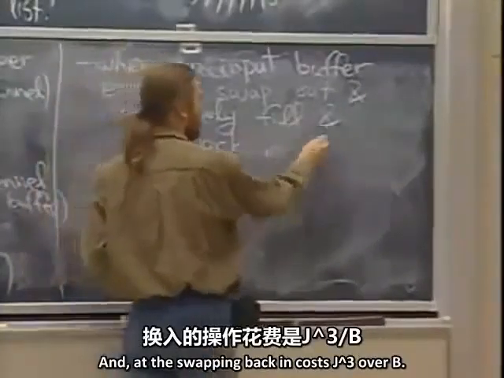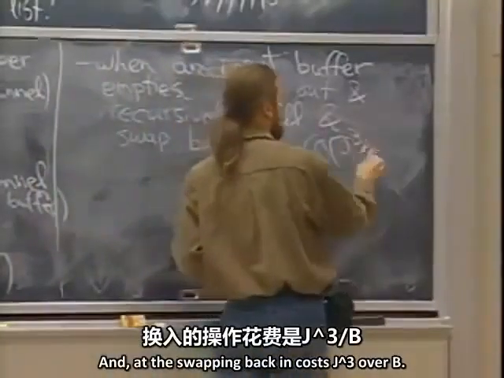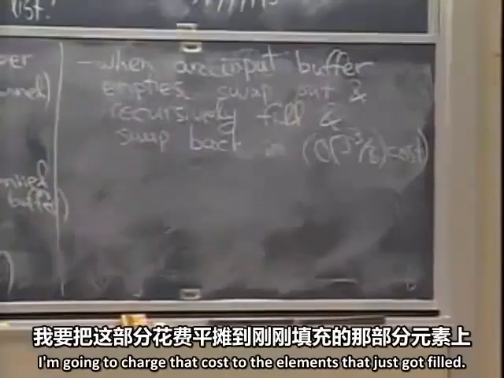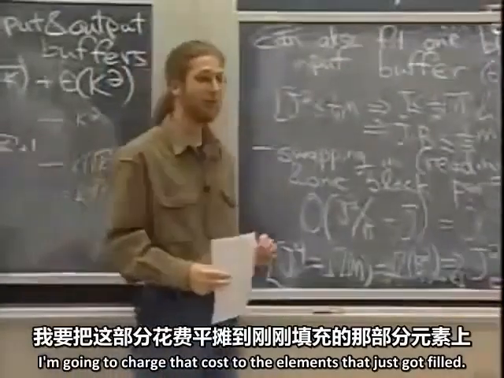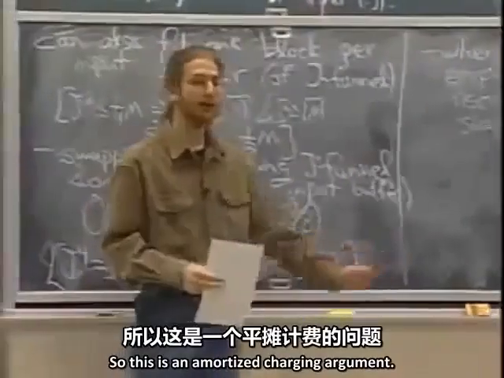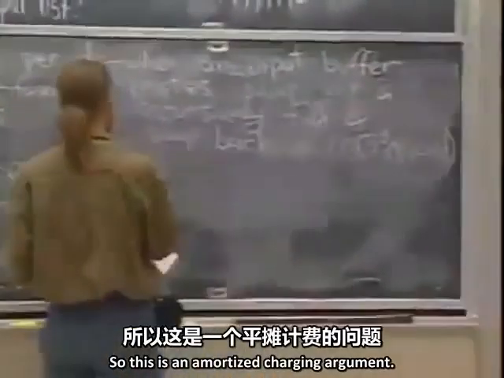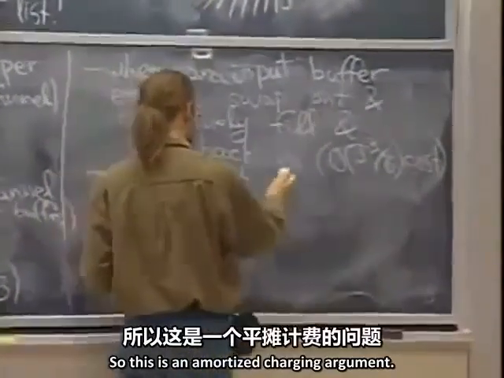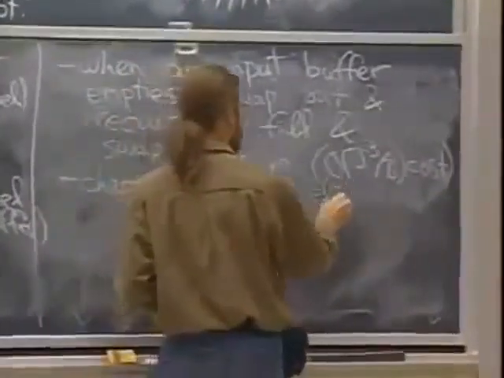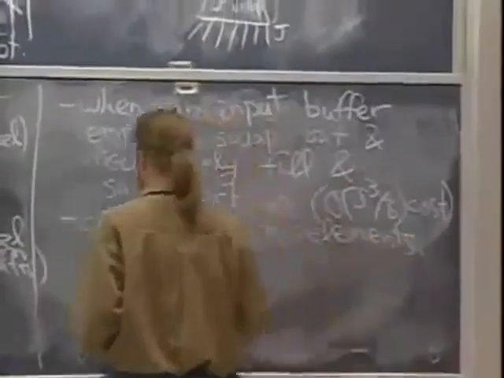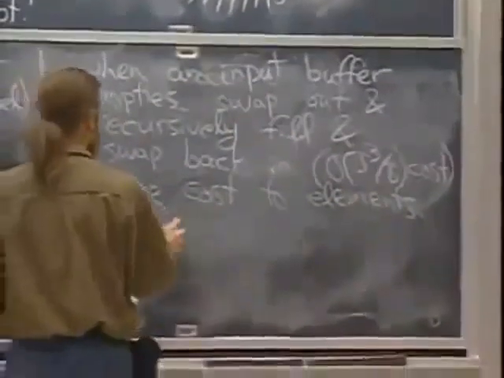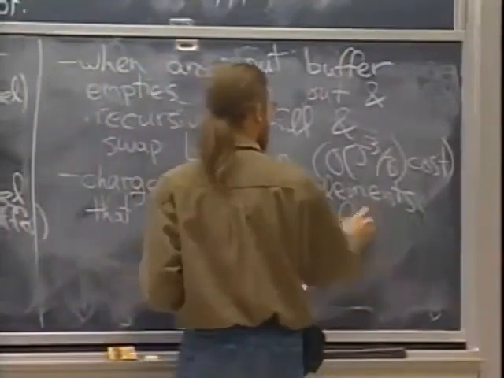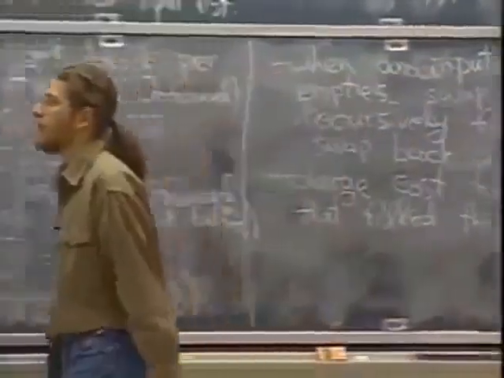And the swapping back in costs j cubed over B. I'm going to charge that cost to the elements that just got filled. So this is an amortized charging argument. How many are there?